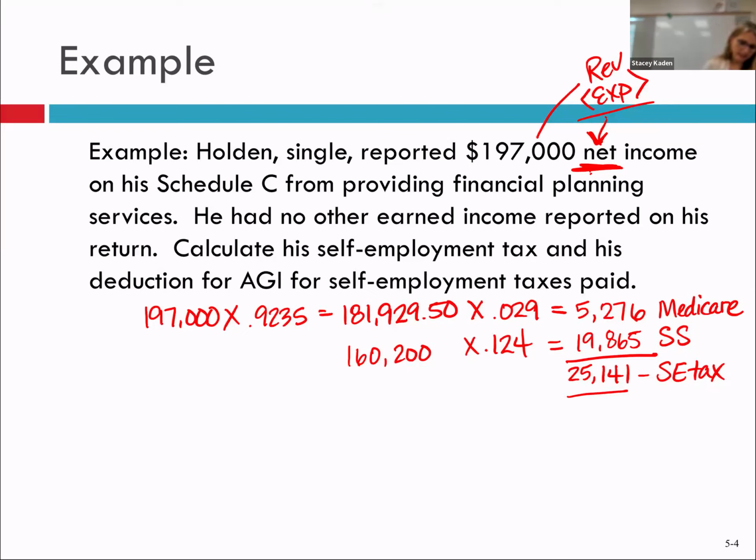Okay, so if we calculate, I could also ask you to calculate AGI. I asked for the deduction, but let's just go ahead and calculate AGI. We would have his net Schedule C of 197. And what else?